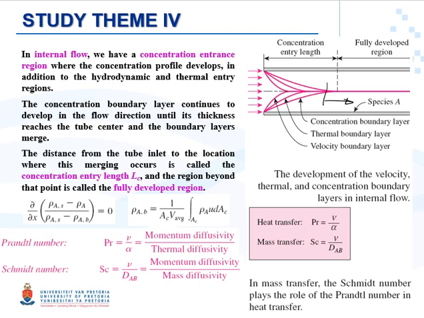Do you remember the definition of the thermally fully developed region from convection heat transfer? If you can't remember, please go and check page 476 of your textbook. The thermally fully developed region is defined as a region where the dimensionless temperature profile remains unchanged.